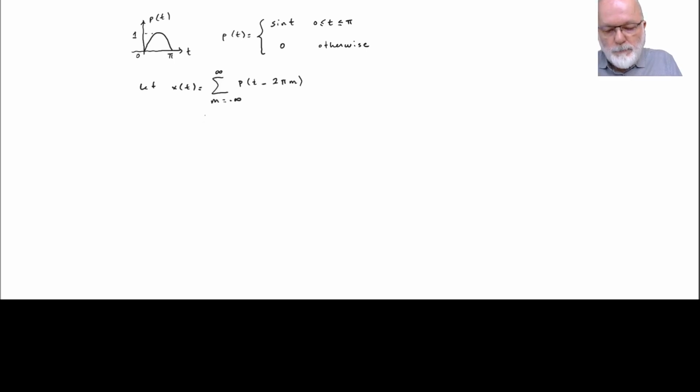So if we plot x of t, x of t will be the following periodic signal: the repetition of that single lobe with a period equal to 2 pi.